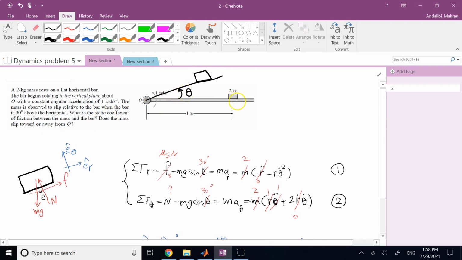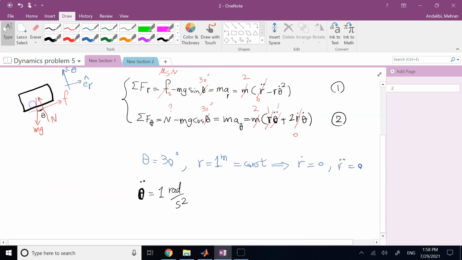We just know the initial angle 0, the final angle 30. We know initially theta dot was 0. Finally theta dot at 30 degrees we don't know. And we know the theta double dot. So whenever time is not involved like this, I would use my time independent formulas, right?